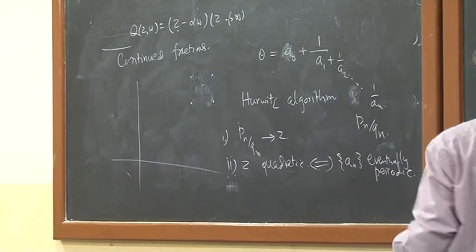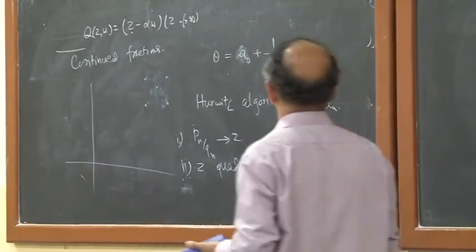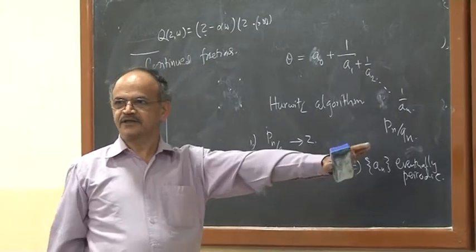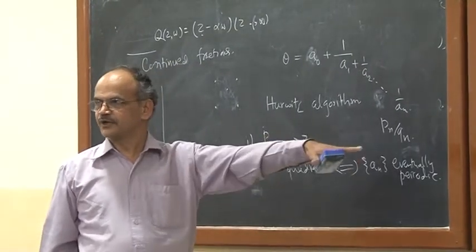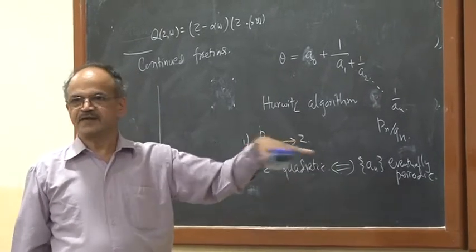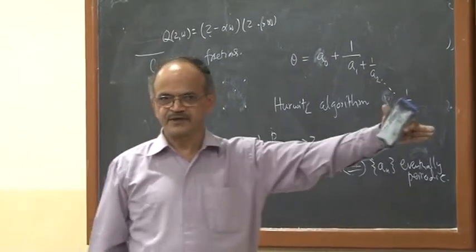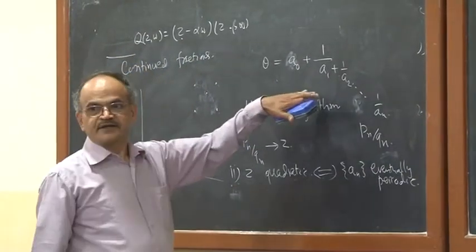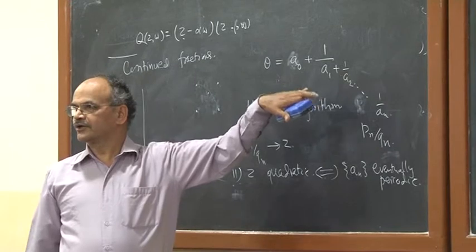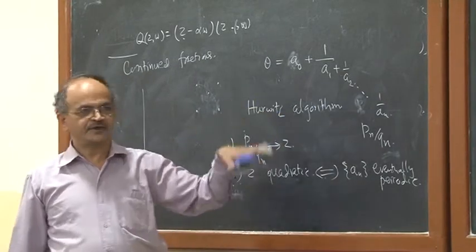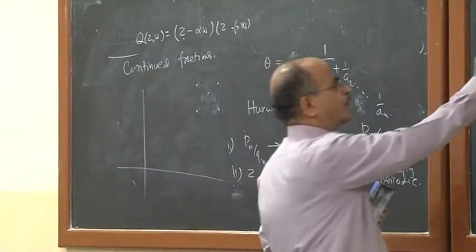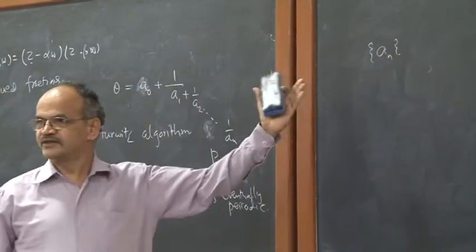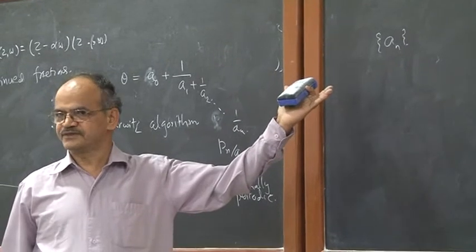The second drawback, from my perception, is that recall I emphasized that in the classical case there is an exact one-to-one correspondence between the sequences and the irrational numbers. So if I am given a sequence, I can always get back an irrational number. And here it turns out that you can no longer do that. In fact, we don't know any natural description of all the sequences that come from the Hurwitz algorithm.